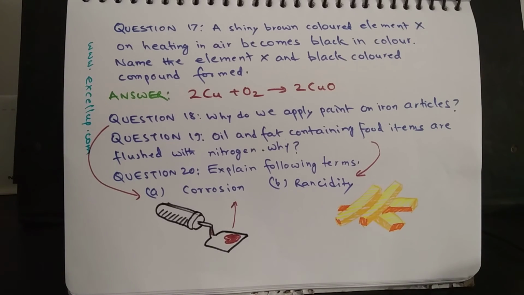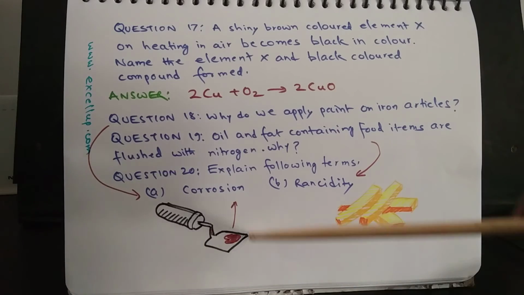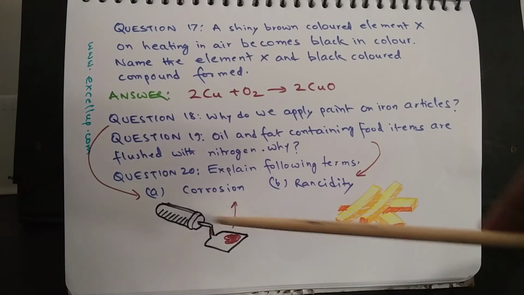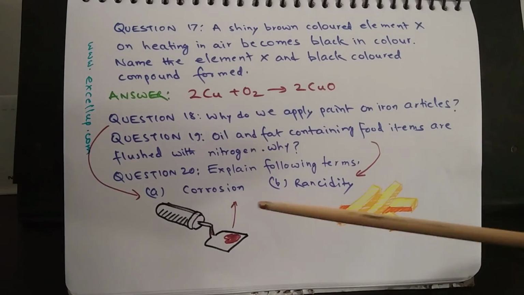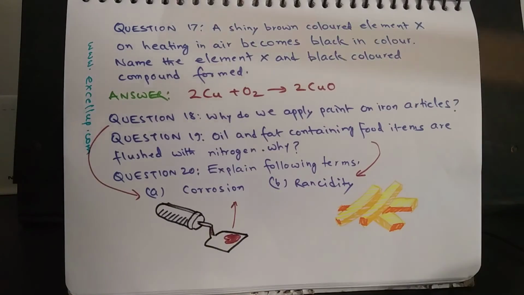So what happens in the long run, the iron gets converted into rust, and gradually this withers away, this becomes weak. This process of withering away of an iron article because of rusting is called corrosion. Now if anyhow we can make a layer between the iron article and atmospheric moisture and air, then rusting can be prevented and corrosion can be prevented.